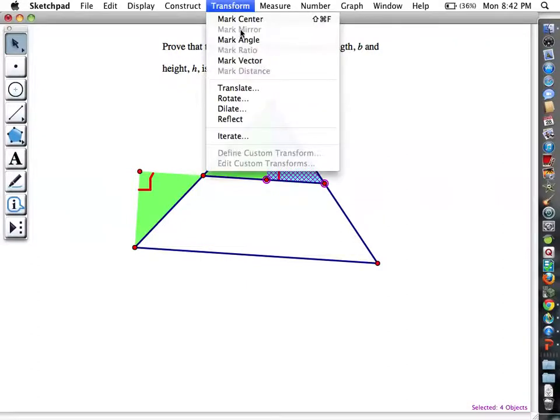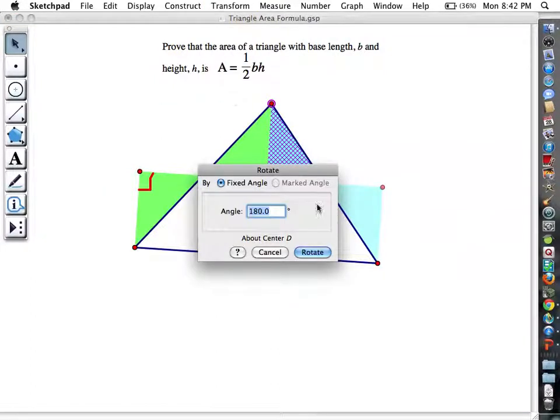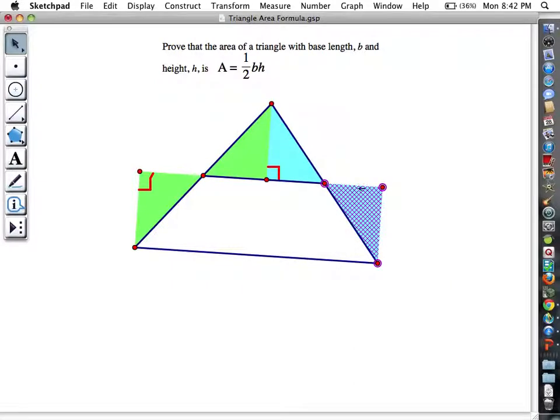And again, that'll be a 180-degree rotation. The sign doesn't matter since 180 is the same either way you go. And again, I know from the way I constructed this that this will be a nice right angle right here also.